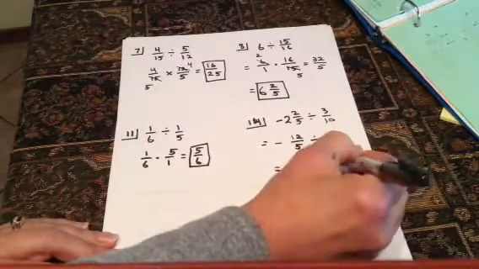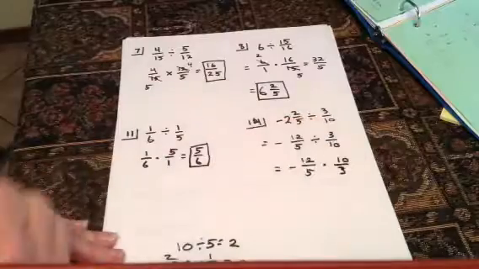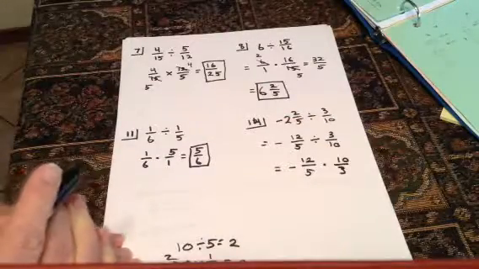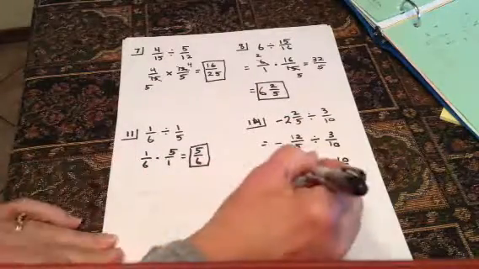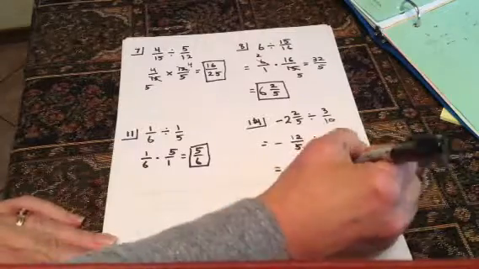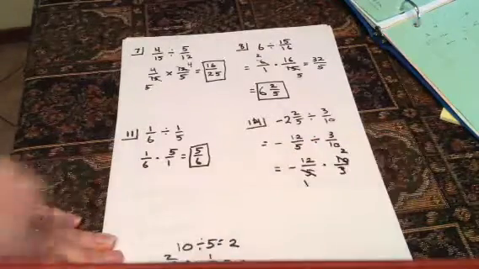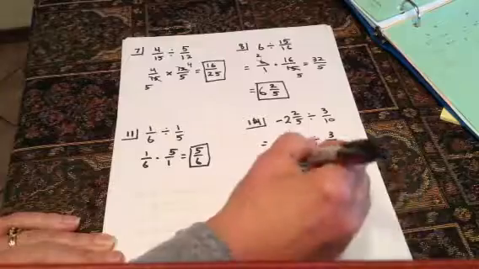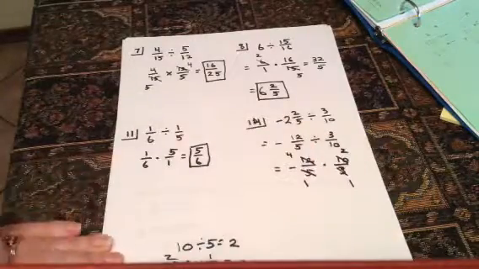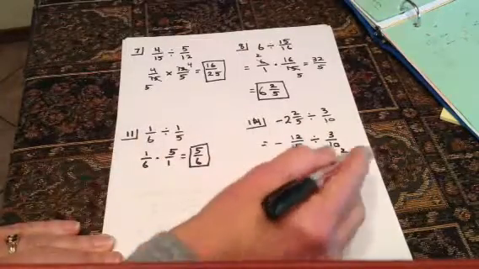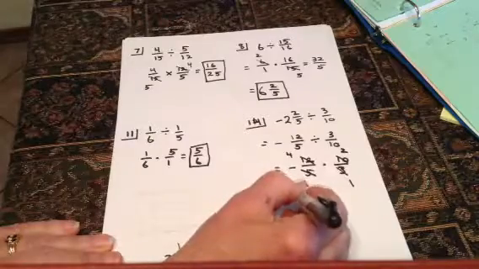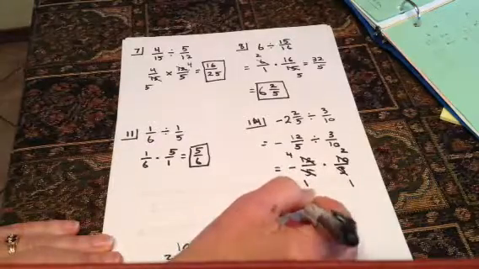Times 10 over 3. Now we can see that we can simplify in both directions. That becomes 1, that becomes 2. 3 goes in there once, and 3 goes in there 4 times. When you multiply straight across, in our numerator we get an 8, in the denominator a 1.